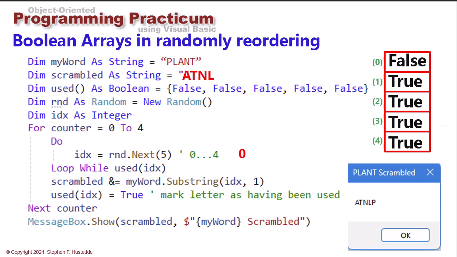So it generates a 0. Used element 0 is false. Scrambled's going to take on element 0 of plant, one character, and now scrambled equals ATNLP. And used element 0 becomes true. Next counter is outside the range, so I'm done with that for next loop, and I can then display my scrambled word in the message box.